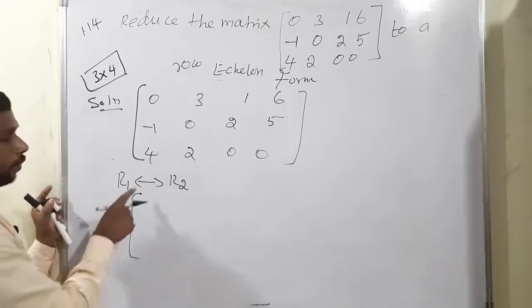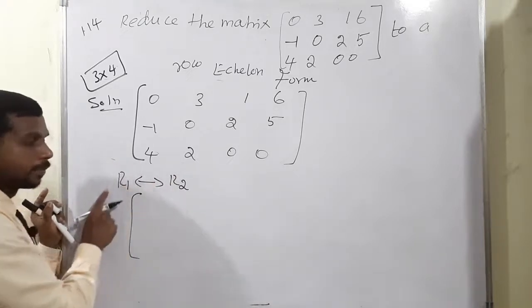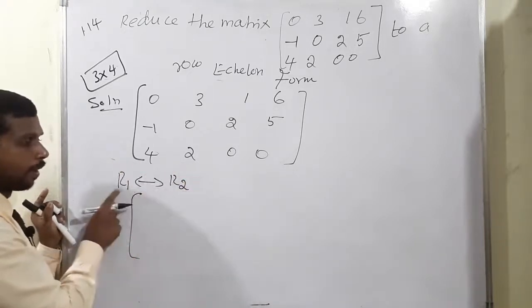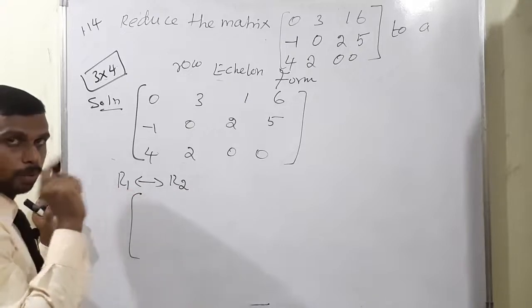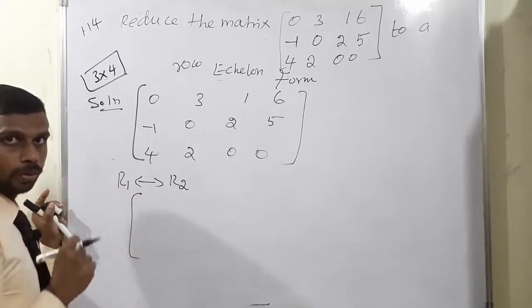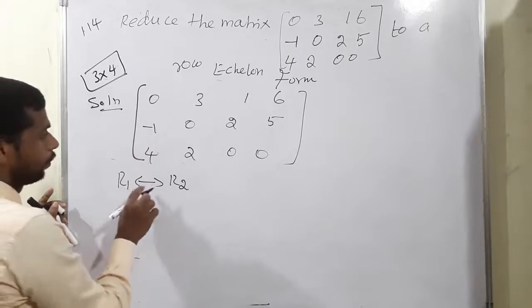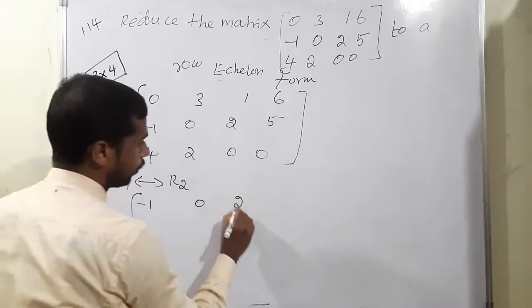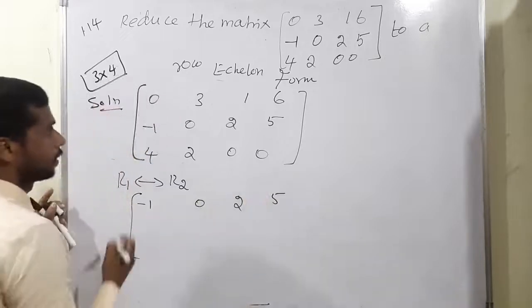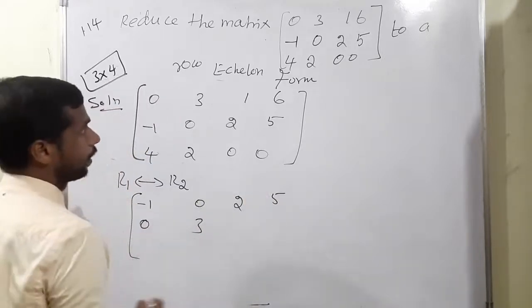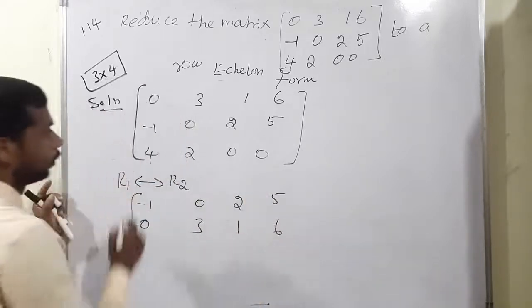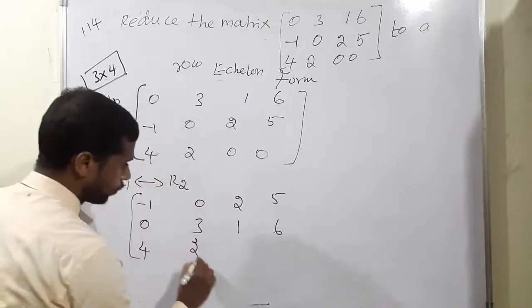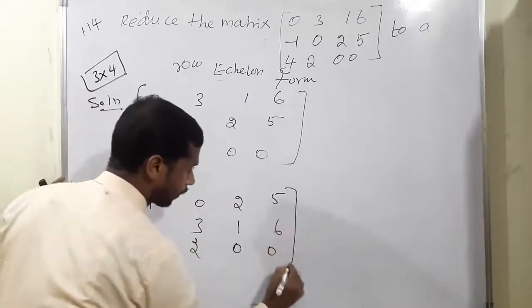We have already discussed this in the elementary transformation of a matrix, because condition number 1 is interchanging any two rows or columns. So row 1 interchange row 2 means minus 1, 0, 2 and 5. The next one 0, 3, 1, 6. Row 3 as it is, 4, 2, 0, 0.